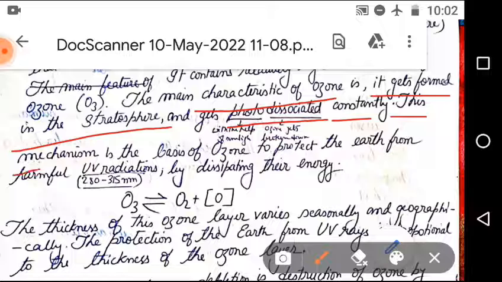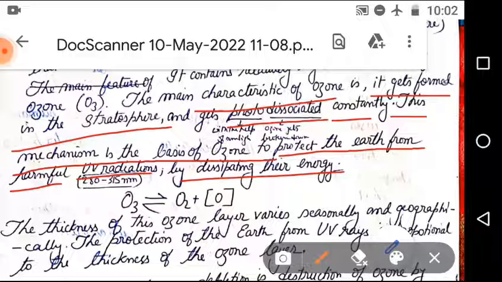This mechanism is the basis of how ozone protects the earth from the harmful ultraviolet radiation of the sun by dissipating its energy. So ozone is utilizing the energy of the sunlight so that it itself separates into products, and the same products are again reversibly formed into ozone.